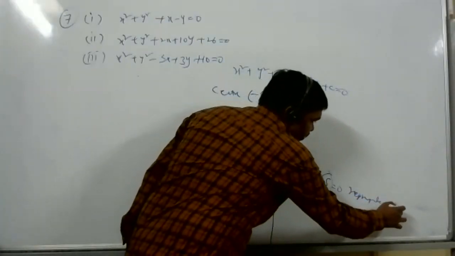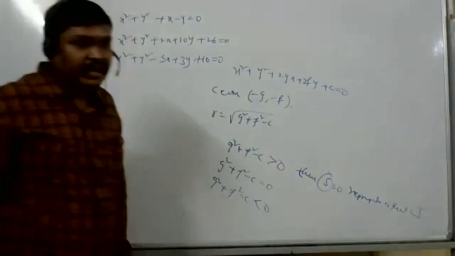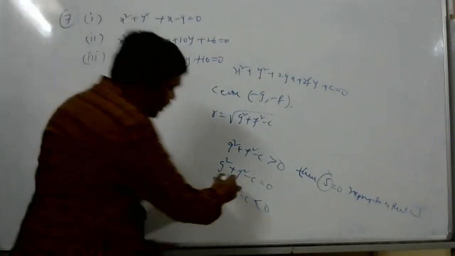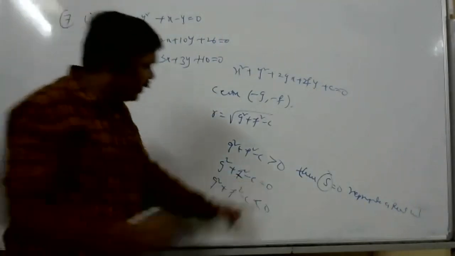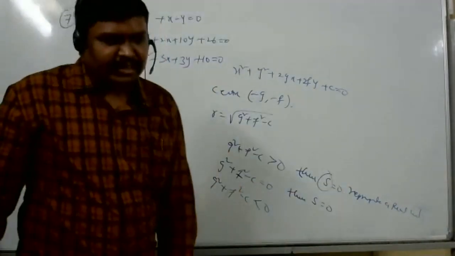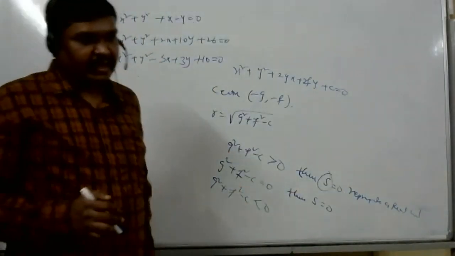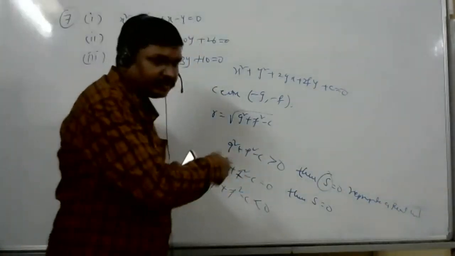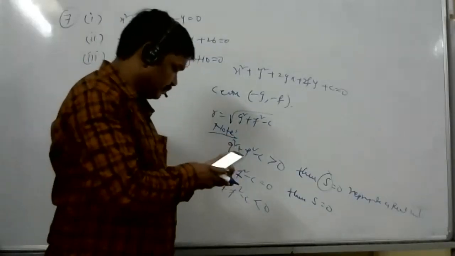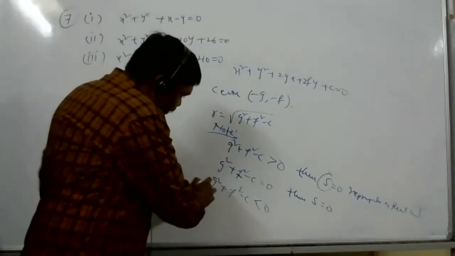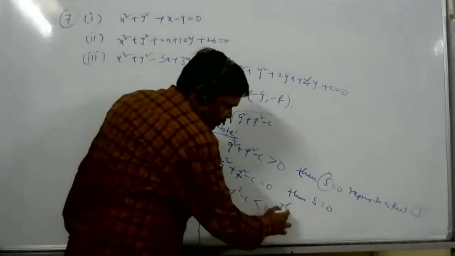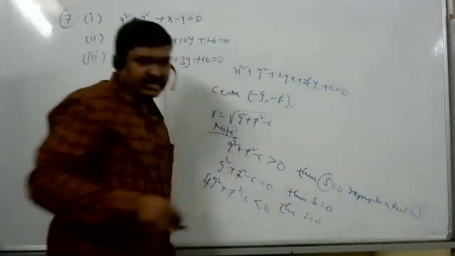If it is equal to 0, then s is equal to 0 represents a point circle. This is a note point. If g square plus f square minus c is less than 0, then s is equal to 0 represents an imaginary circle.